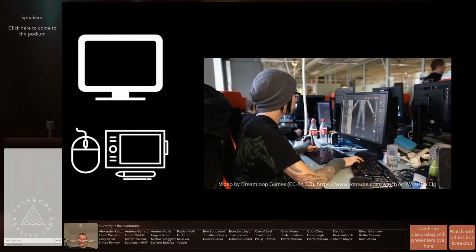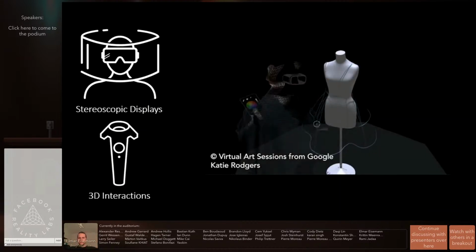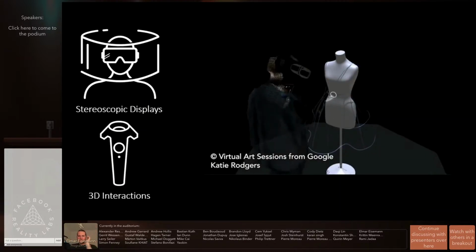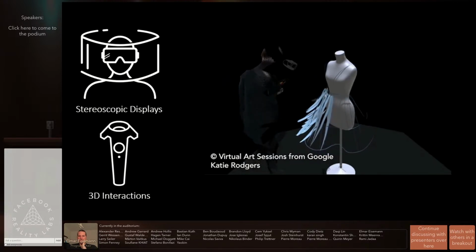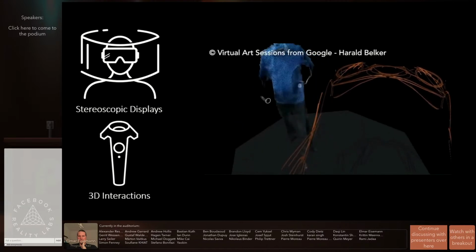While most current devices, both input and output, are indeed flat, one might think that the arrival of immersive display and input might completely disrupt sketching for creative communication.